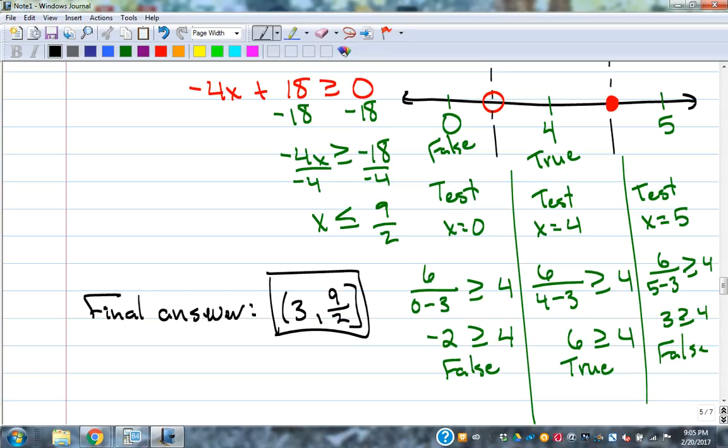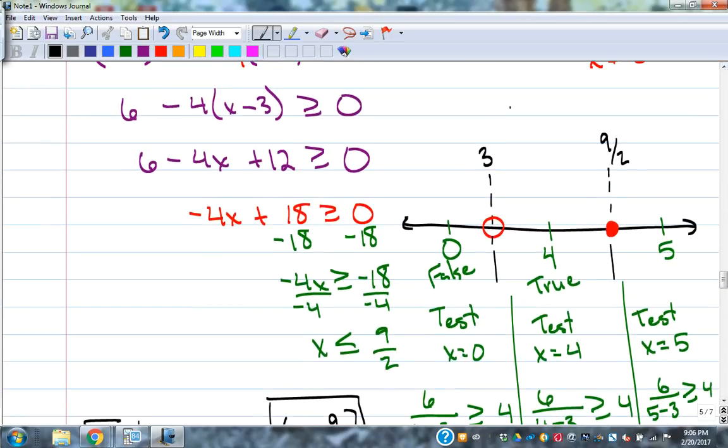So how do you know which ones to test again? Your spots on the number line come from your restrictions and solutions. The only restriction we had for this one was 3, and the only solution we had was 9/2.